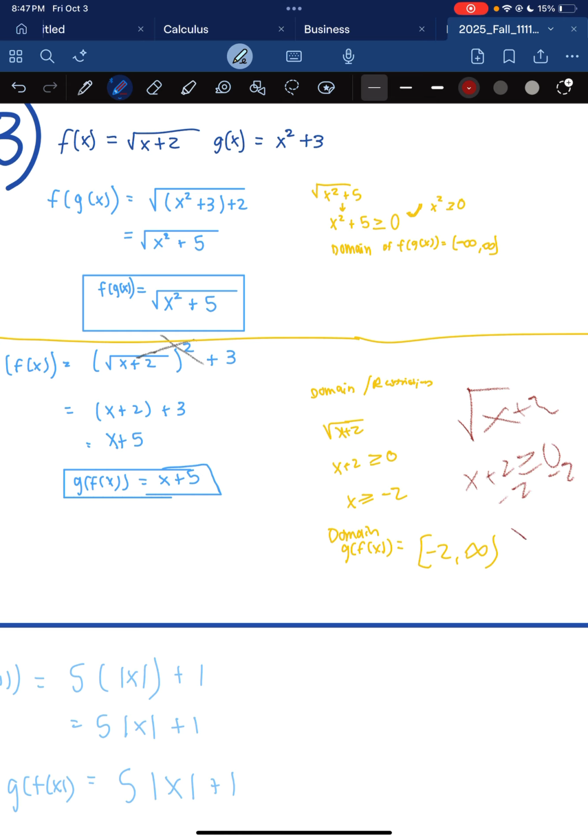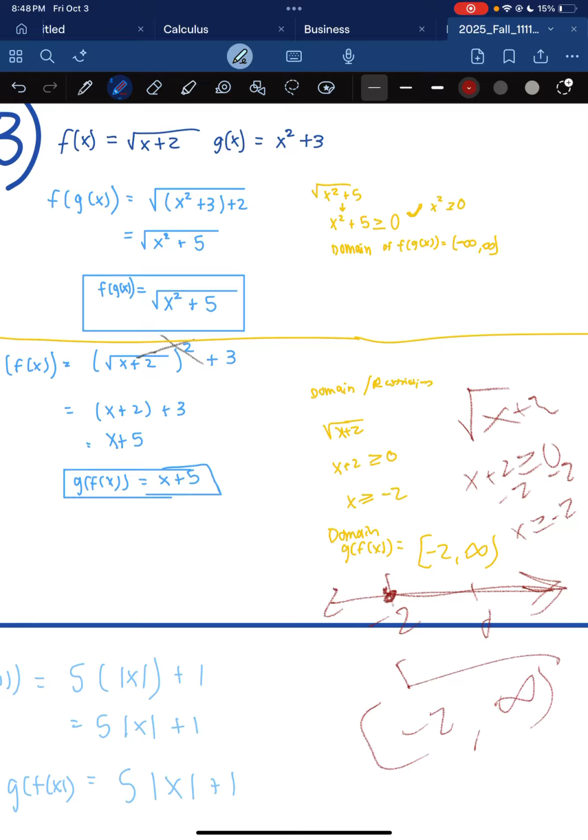Subtract 2 on both sides, we get x is greater than or equal to -2. If we look at it on the scale again, -2, x is greater than or equal to -2, so it's from here to there. So we have -2, infinity. Woohoo!